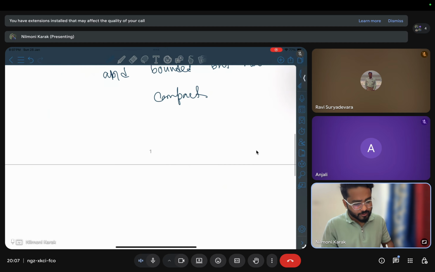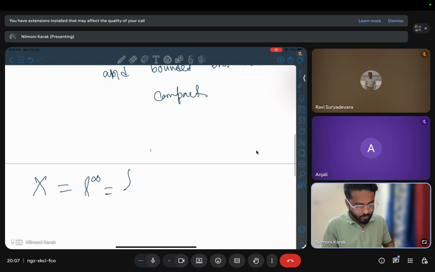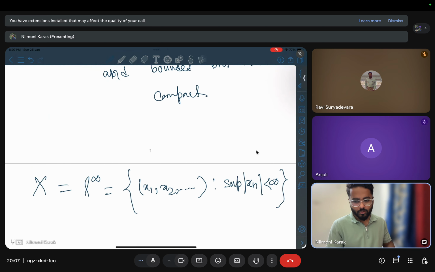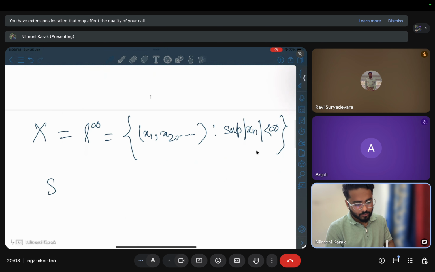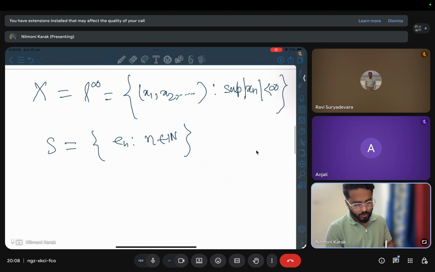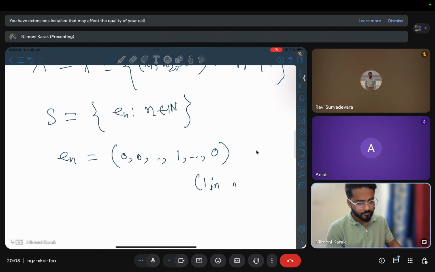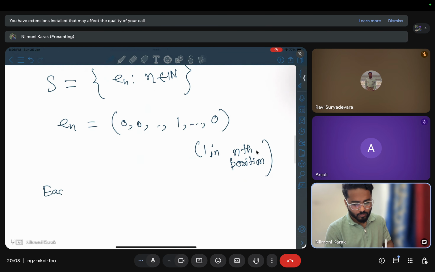So l infinity is the space of bounded sequences. Construct the subset S, the set of En for n in the natural numbers, where En is 0, 0, 1, 0, with 1 in the nth position.